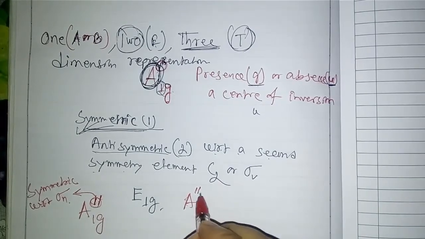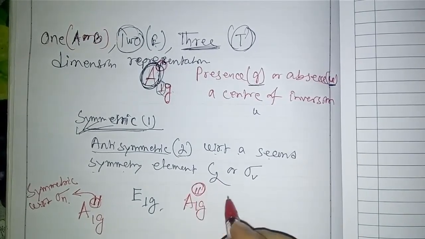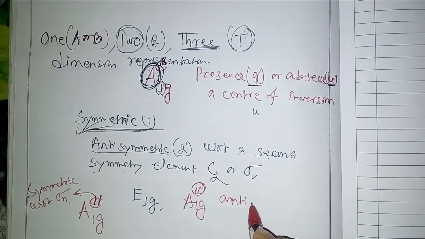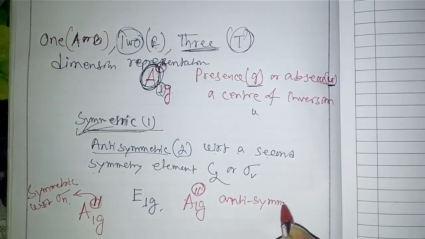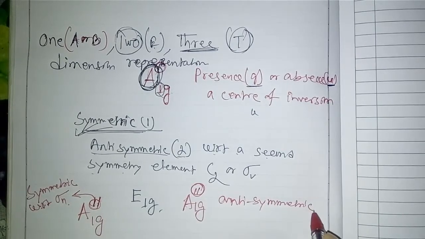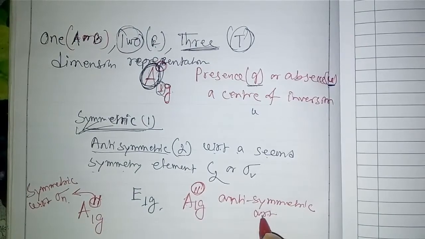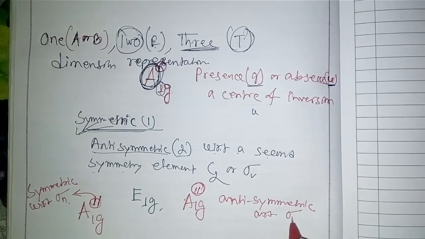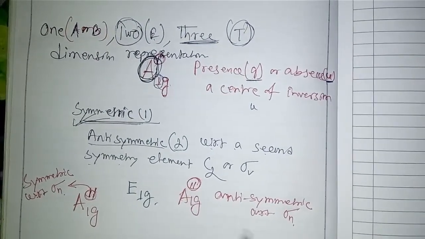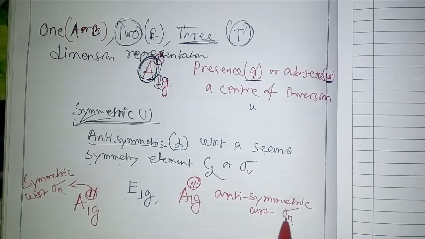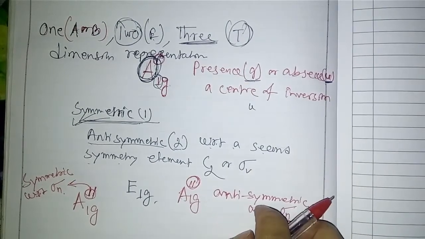If double prime, you can write here anti-symmetric with respect to sigma h. Okay, this sigma h.